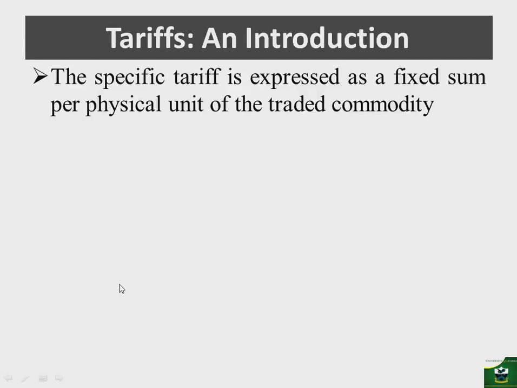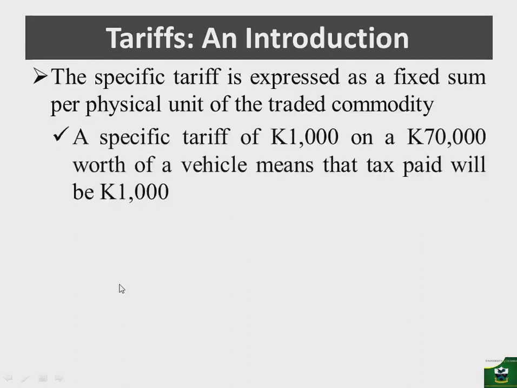Therefore, the specific tariff is simply a fixed sum per physical unit of the traded commodity. Let's look at an example. Suppose there is a specific tariff of 1,000 kwacha on a 70,000 kwacha vehicle. The tariff paid will still be 1,000 kwacha because the tariff is fixed. In total, the buyer will pay 71,000 kwacha: the 70,000 kwacha price of the vehicle plus the 1,000 kwacha tax.